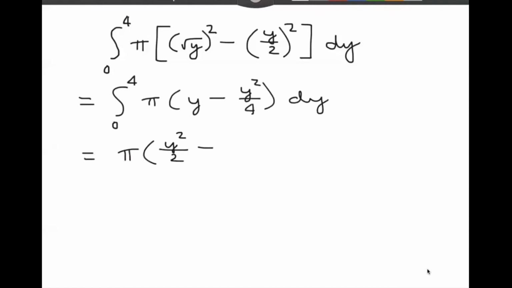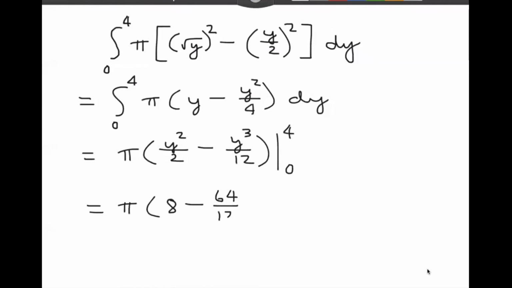The antiderivative for y squared over 4 would be 1/4 times y cubed over 3. So that would be y cubed over 12. Plug in 4, plug in 0. And that's going to give us 4 squared is 16. 16 over 2 is 8. 4 cubed is 64. 64 over 12.